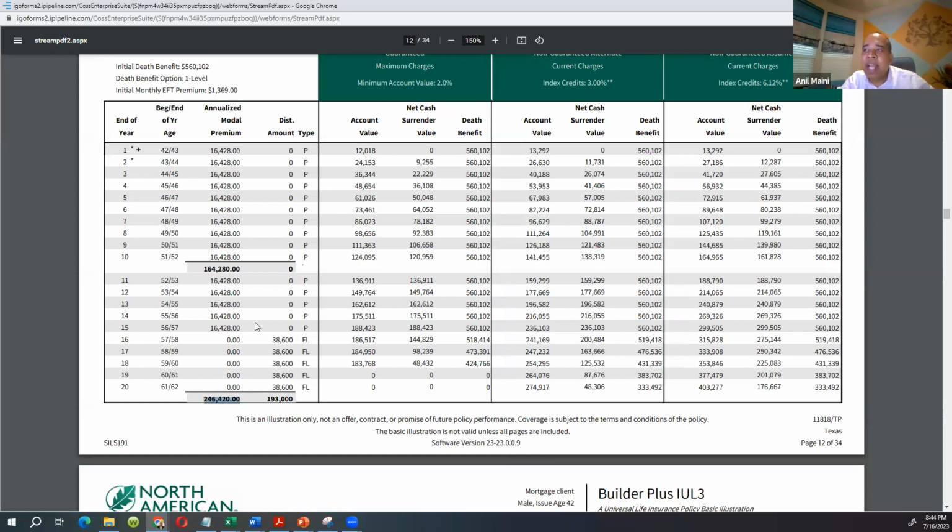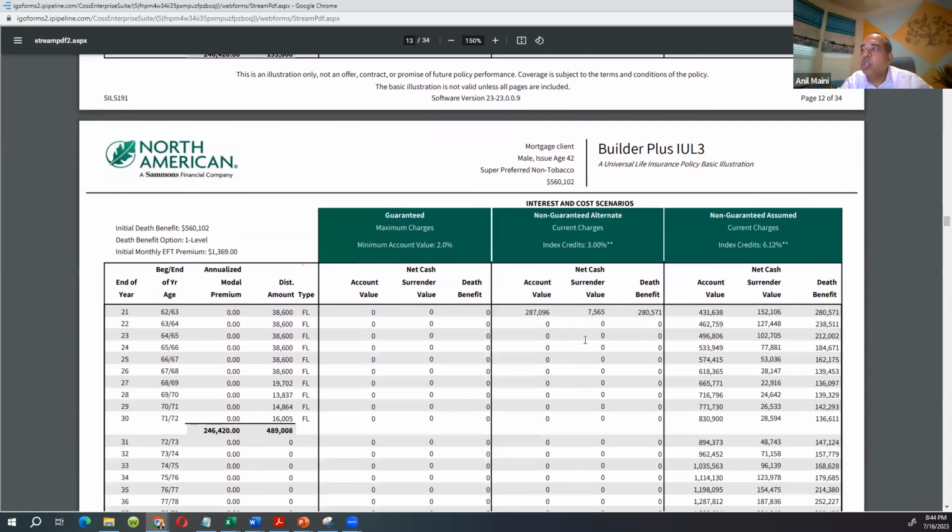Instead of giving it to the bank, this person put it in IUL. Now distribution. Their cash value in 15 years has increased to nearly 299, almost 300K. Now they start taking out $38,000 every year.